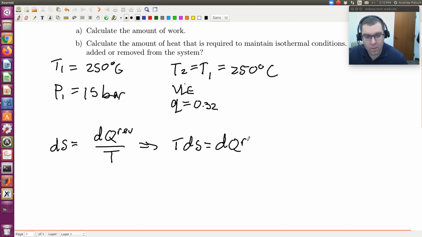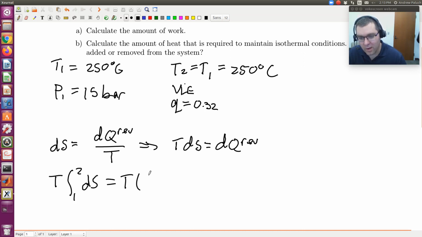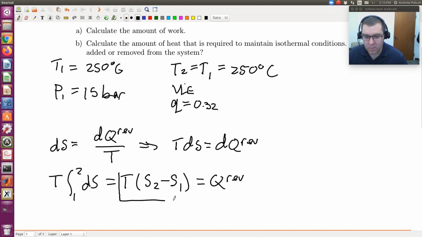Where T is constant. So I'm going to have T times the integral from my initial to final state of dS, which is equal to T times (S2 minus S1), which is equal to Q reversible. All right, so I'm going to box this in.